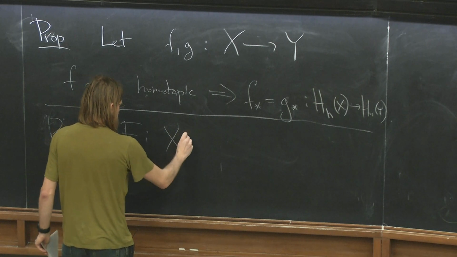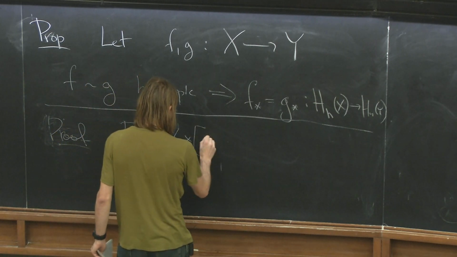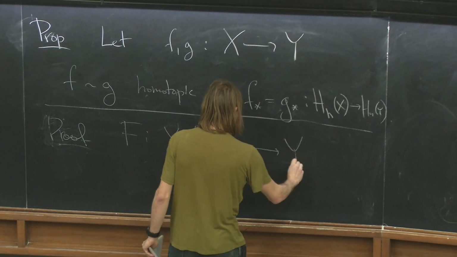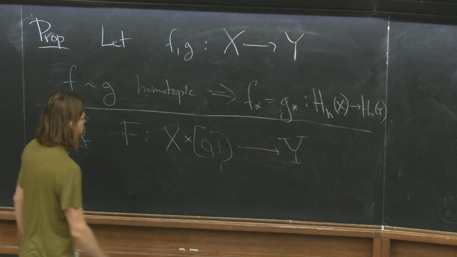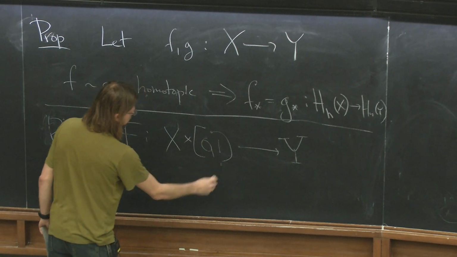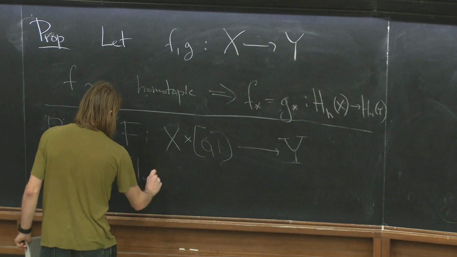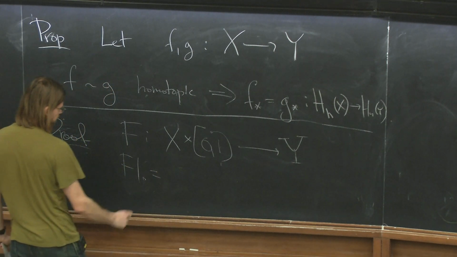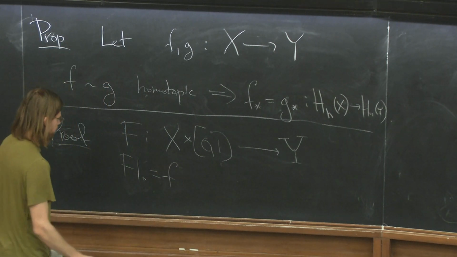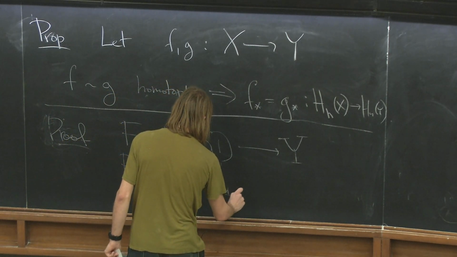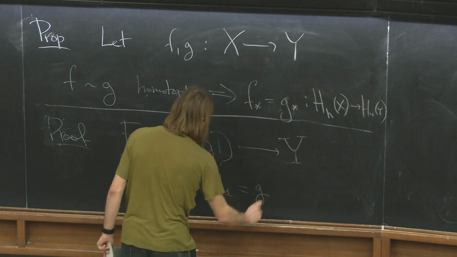So, okay, they're homotopic. Then by definition, there exists a homotopy, a map from X times an interval to Y. If we restrict it to the beginning of the interval, you recover f. And if you restrict it to the end of the interval, you recover g.